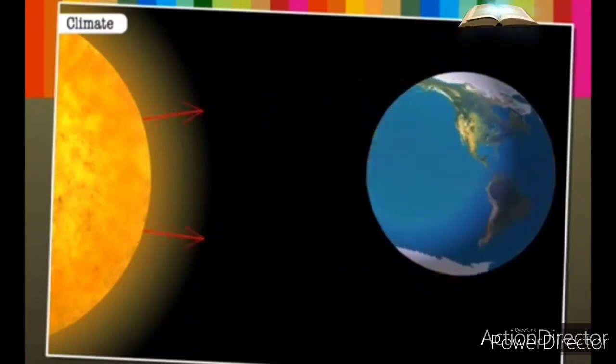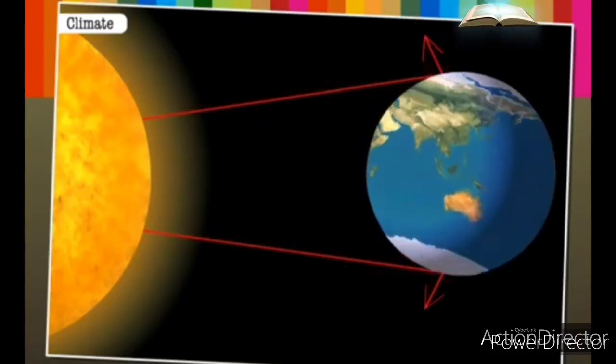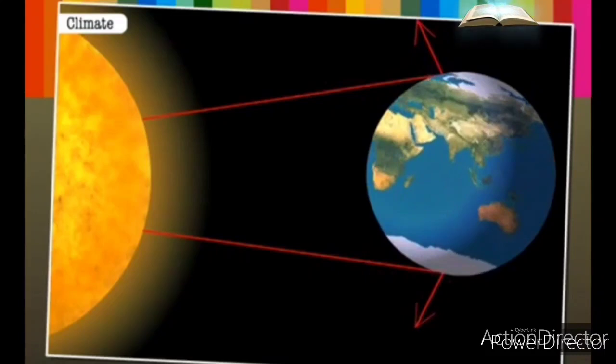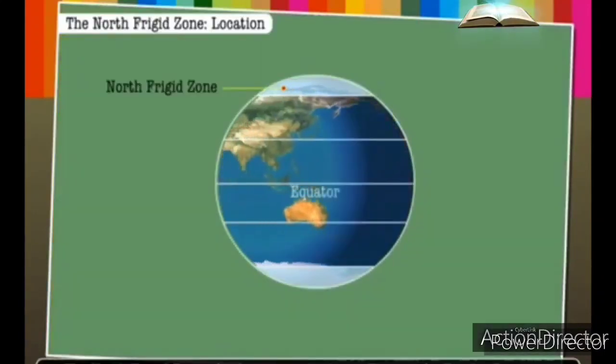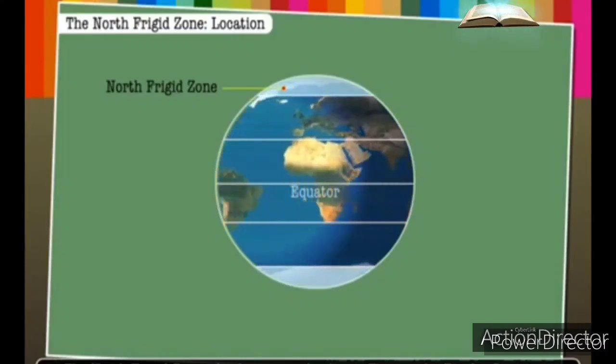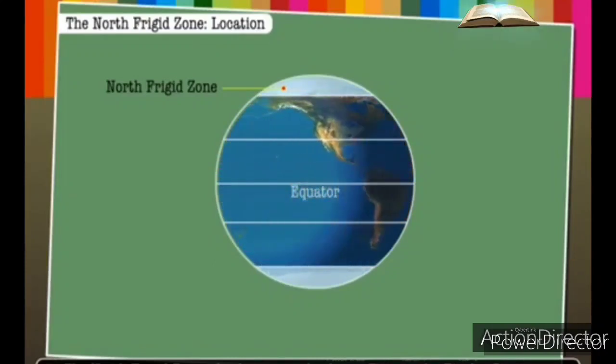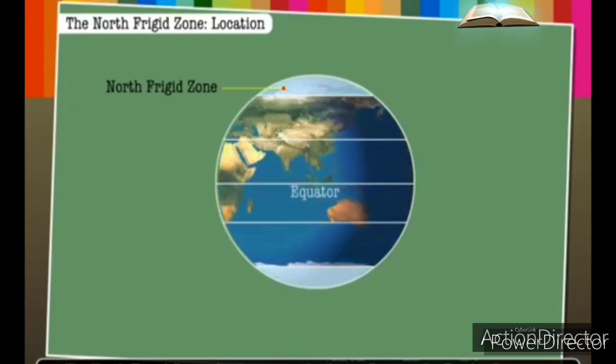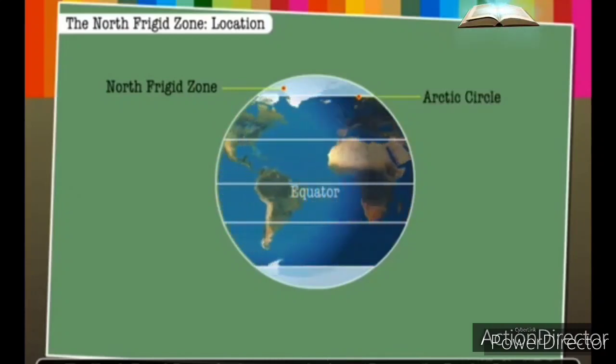Some parts of countries like the United States of America, Northern Canada, Russia, Iceland, Sweden, Finland, Norway and Greenland fall in the northern frigid zone.